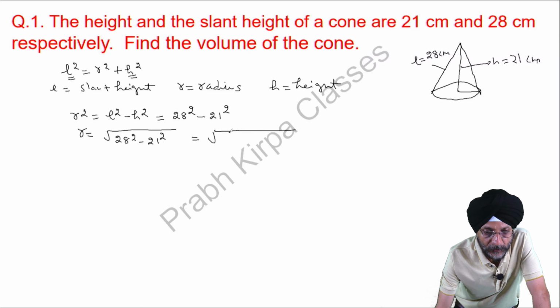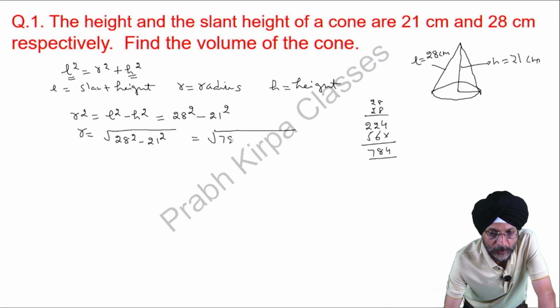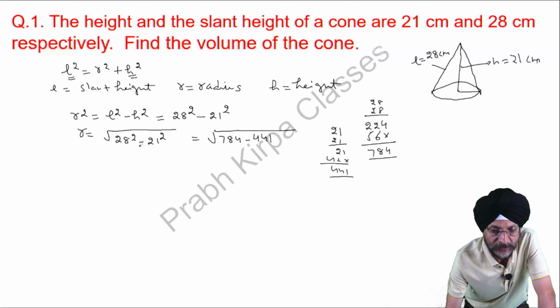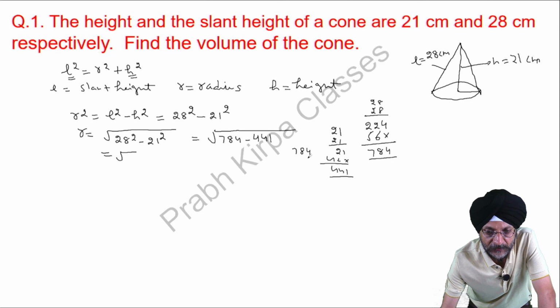Now what will it come out? 28 into 28 is 784. 784 minus 441 is 343.